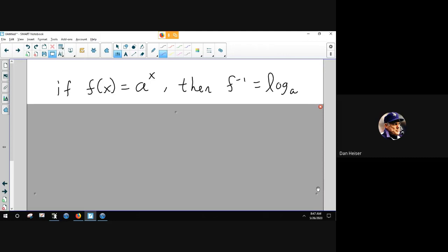In general, if we have an exponential function, a to the x, its inverse then is log base a. That is true of every exponential. And every logarithmic function has an exponential inverse.